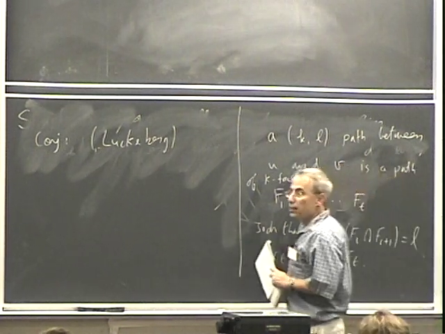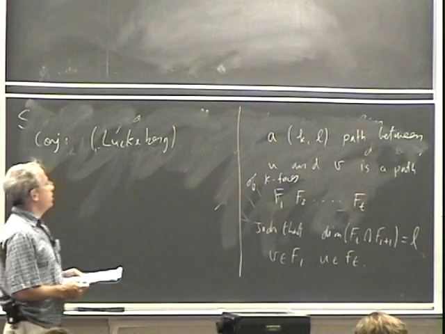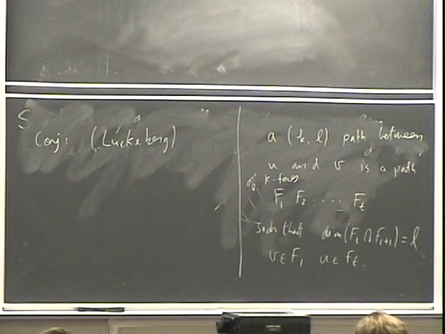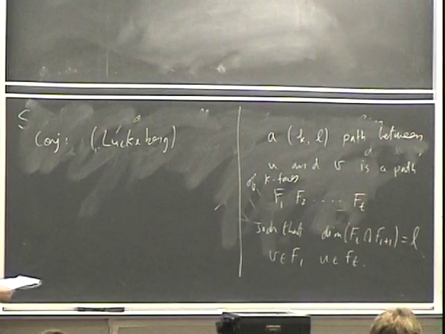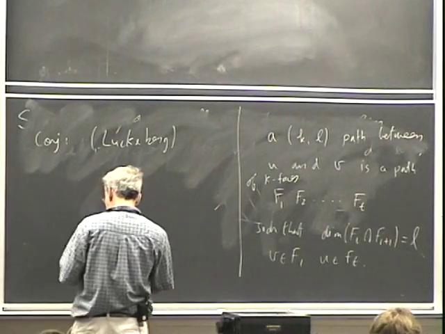So this is the path, and t is the length of the path. So a path in graphs is a special case of paths of edges and vertices. This is a more general object. So Lückeberg asked the following question.